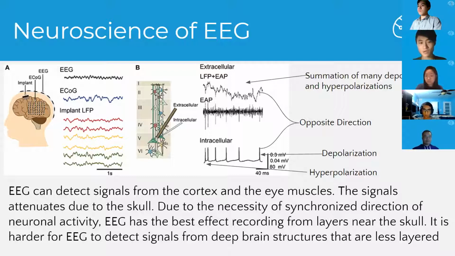Those cells are really structured and they project toward the skull. And EEG is poor at detecting signals from deep brain structures that are less layered. So that might include the basal ganglia and those deeper brain structures that are not as layered as the cortex.